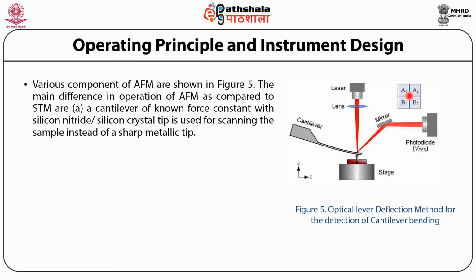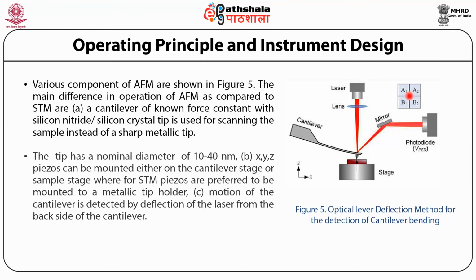The main difference in operation of AFM as compared to STM is that a cantilever of known force constant with a silicon nitride or silicon crystal tip is used for scanning the sample instead of a sharp metal tip. A tip has a nominal diameter of 10 to 40 nanometer.